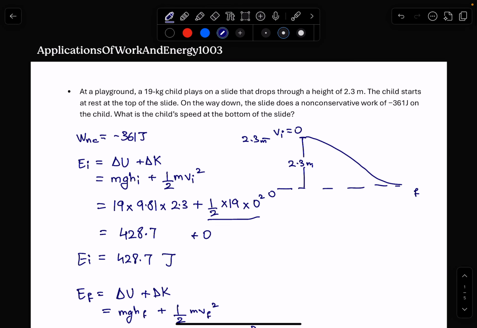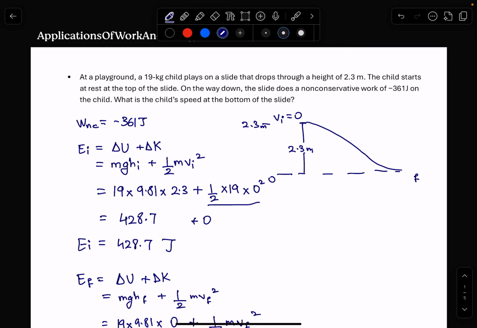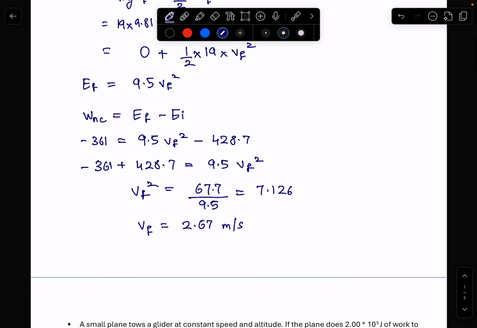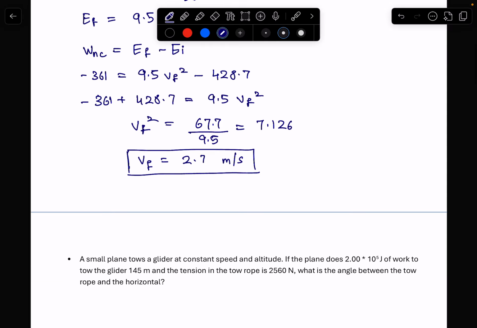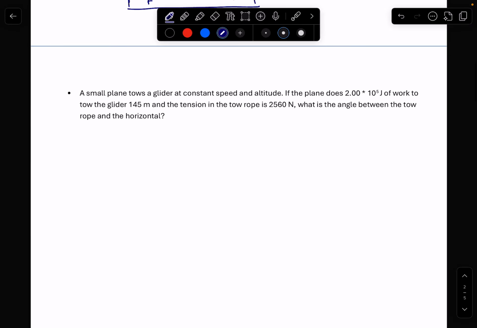Let me look at my significant figures used, which is 2, 2, and 3. So I think I should just go with 2. That's my answer. Next question.